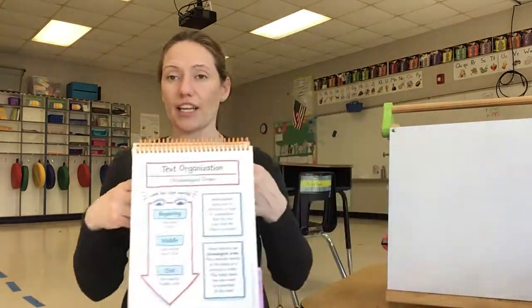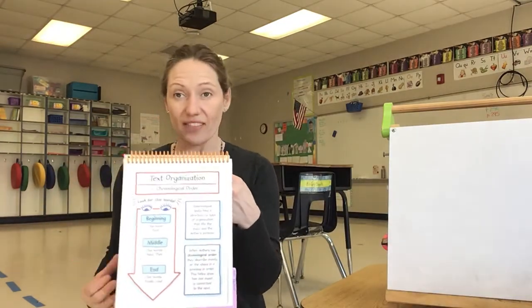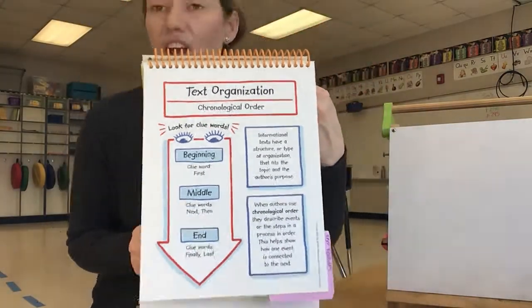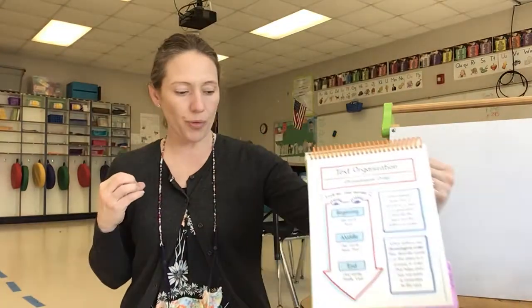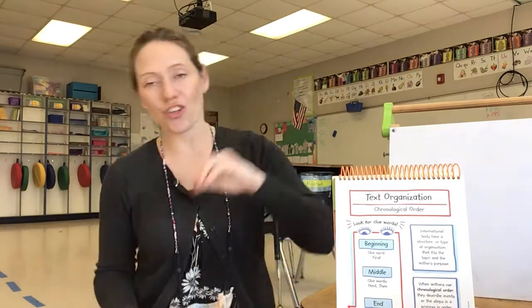You want to organize it in a way that helps the reader really understand it. Our main text organization that we've studied this year is chronological order, which means the author has decided to present the text in the same order as it happened. So beginning to end, start to finish.